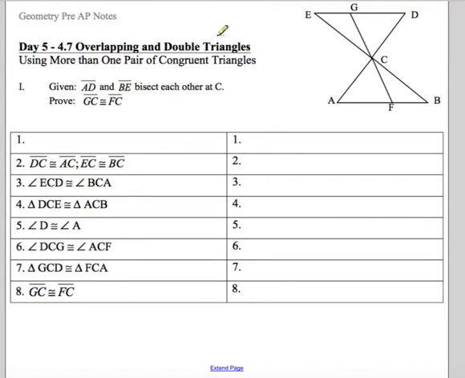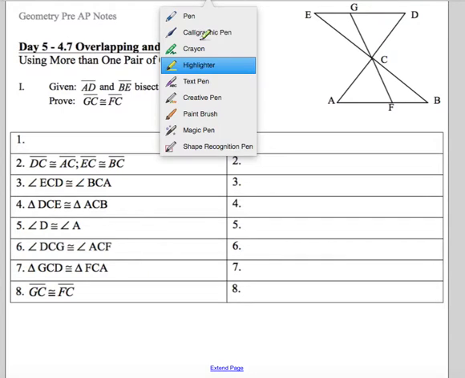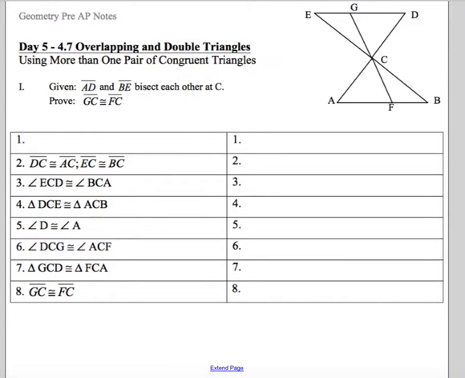In this particular problem, to show you how I know I'm going to use more than one set of triangles, it says that we're given that AD and BE bisect each other at C. And so what that's going to give me is that EC and CB are congruent, and also that AC and CD are congruent because of that segment bisector, and that's the definition of segment bisector.